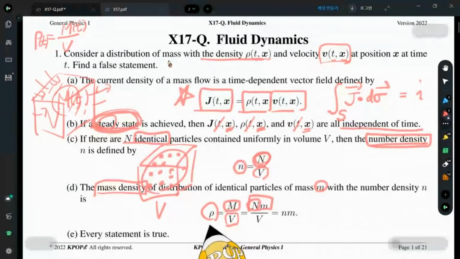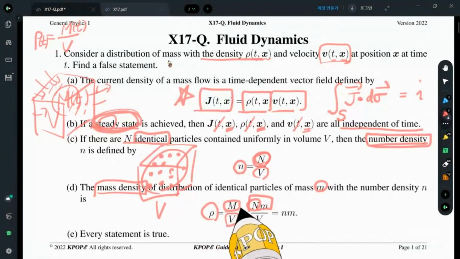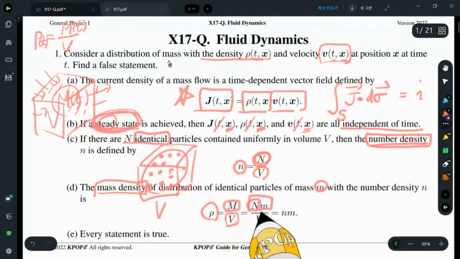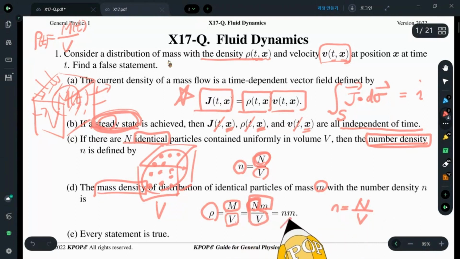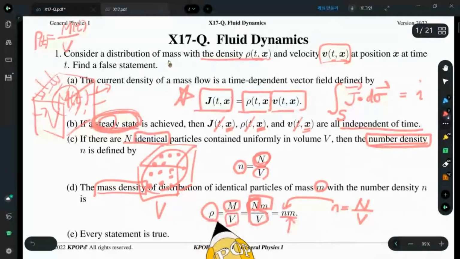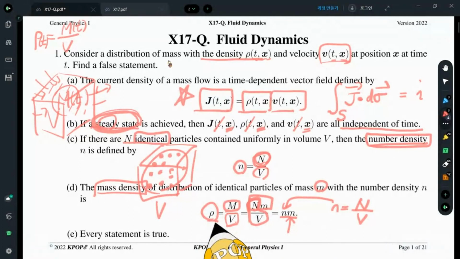So density can be computed by dividing mass by volume, and the mass is the number of particles multiplied by each particle's mass, and then we can see the number of particles per volume is the number density. So the single particle mass multiplied by the number density is identical to the mass density.